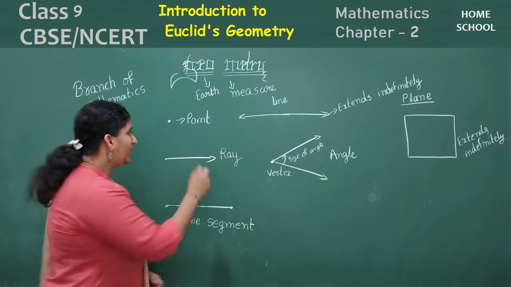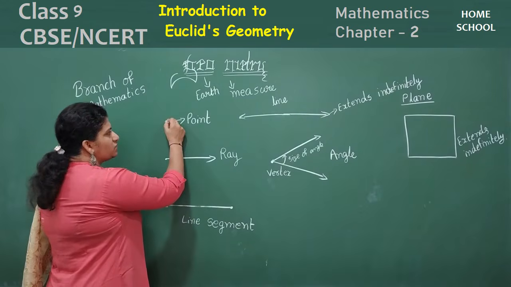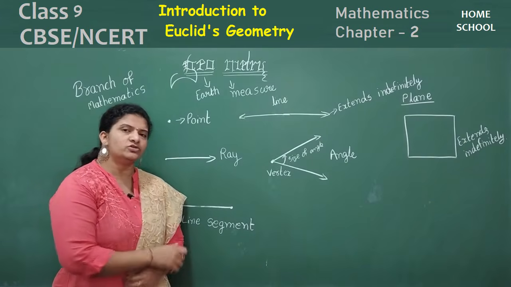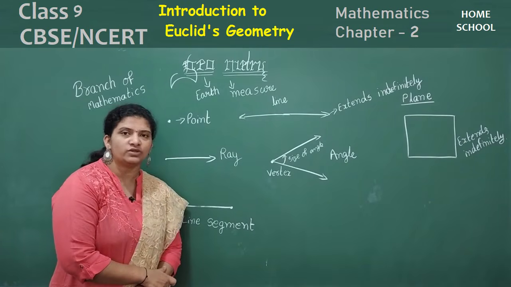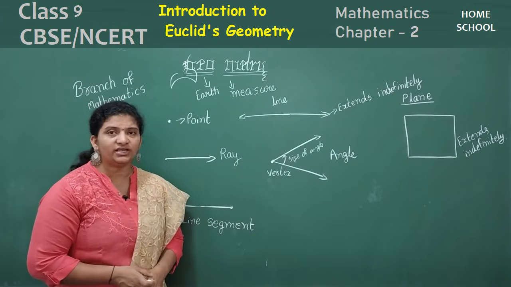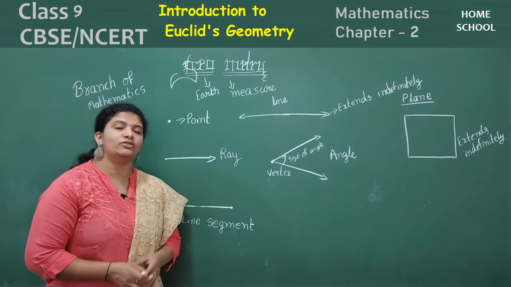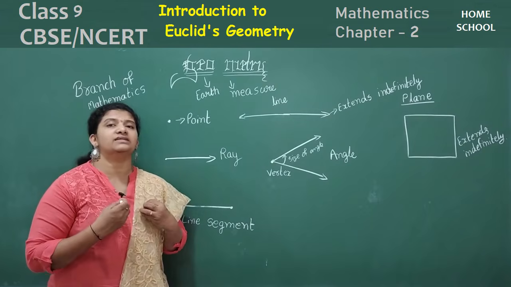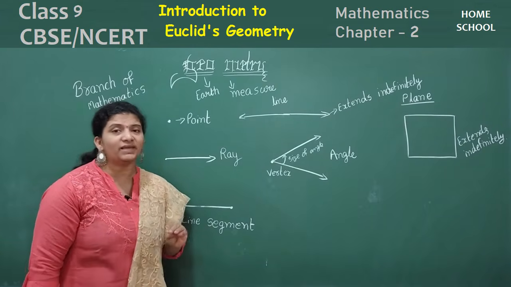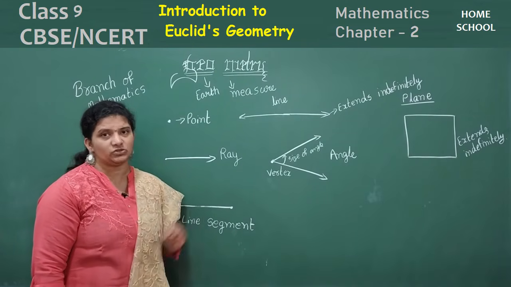It is represented by a fine dot. Why do we use a point? A point is just to show the position. A point has no dimension, no length, no breadth, no width, and it doesn't have any weight or anything. So a point is simply used to show a position.